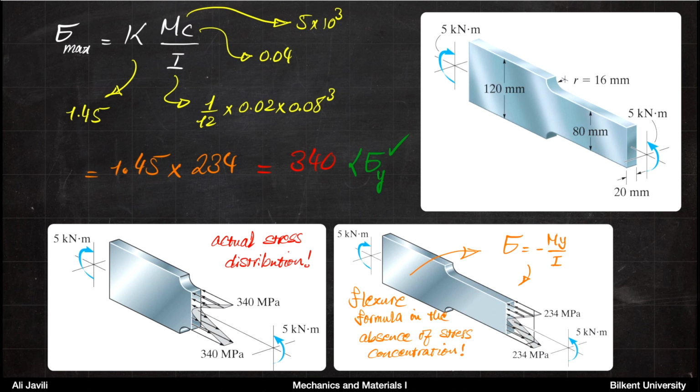But then if you look at the area close to the critical section, or at the critical section, what you can see is that your maximum stress would be 340 instead of 234, but also the distribution is no longer linear as before. It's now, let's say, a nonlinear distribution.